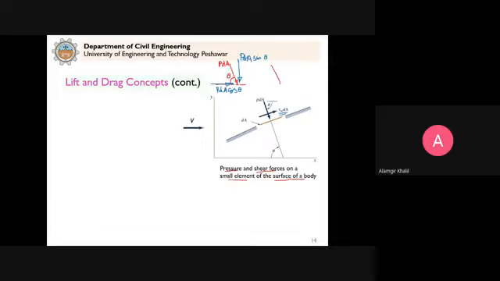You see that this is that force PdA, and this PdA is perpendicular to the shear force, tau W, the wall shear stress, into dA.